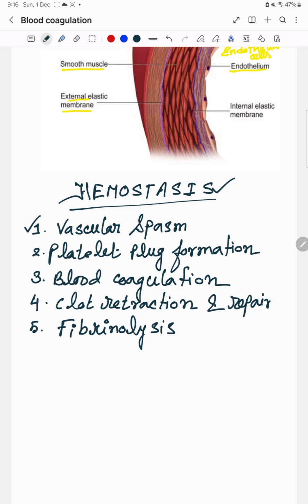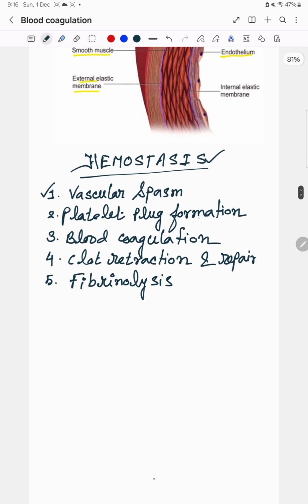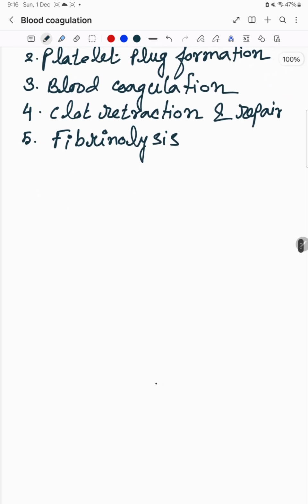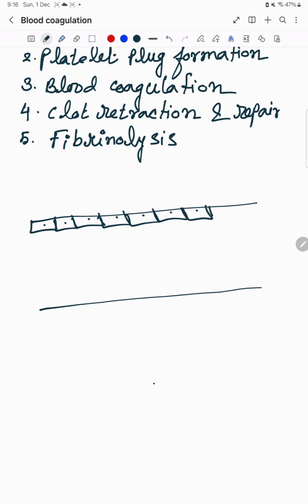Then the next one is the platelet plug formation. This is the structure of our blood vessel, and this is the endothelial cell lining that I have previously said and showed you in the diagram.